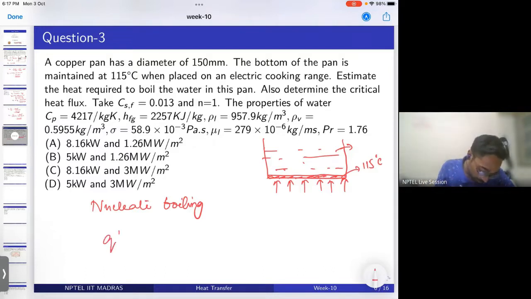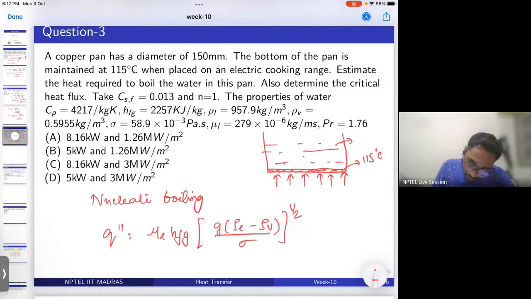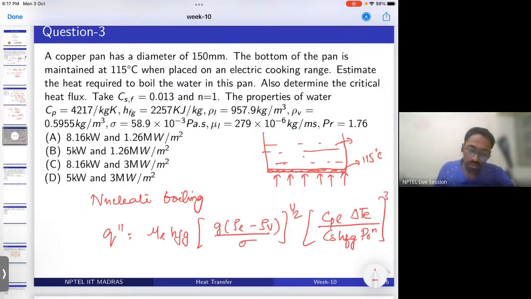The heat flux at the nucleate boiling regime is mu L hfg times [g (rho L minus rho V) by sigma] raised to half times [Cp L delta T e divided by Csf hfg] times Prandtl number raised to n, the whole raised to 3. So this is Rohsenow's correlation.